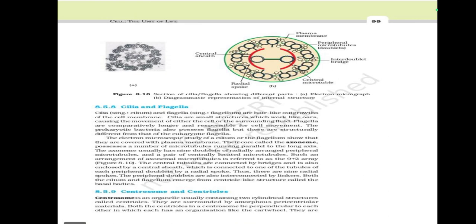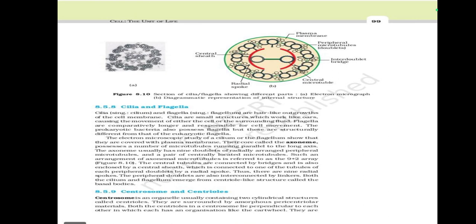The prokaryotic bacteria also possess flagella, but these are structurally different from that of the eukaryotic flagella. The electron microscopic study of the cilium or the flagellum shows that they are covered with plasma membrane.